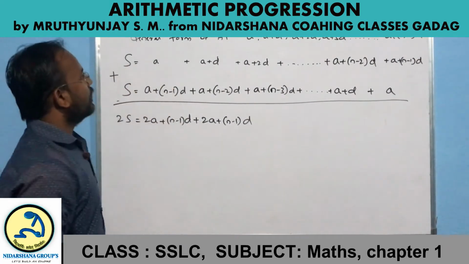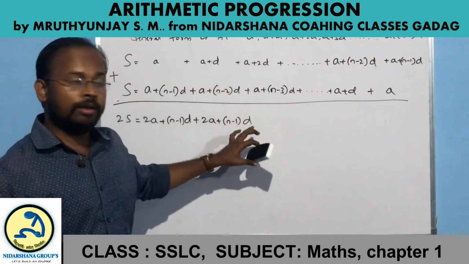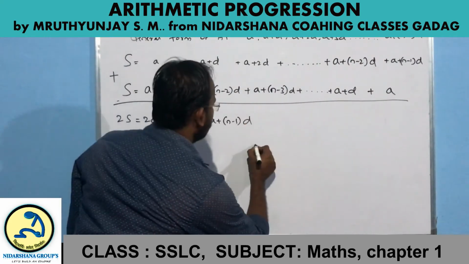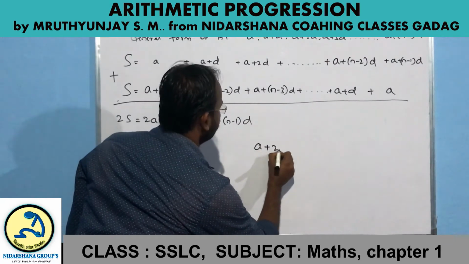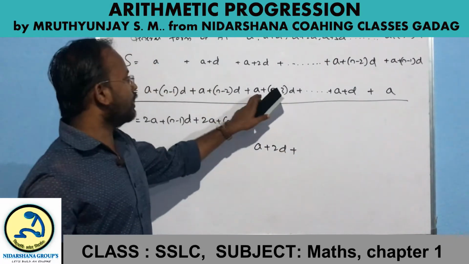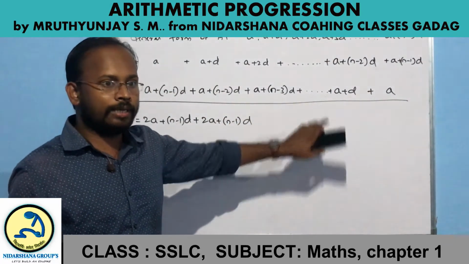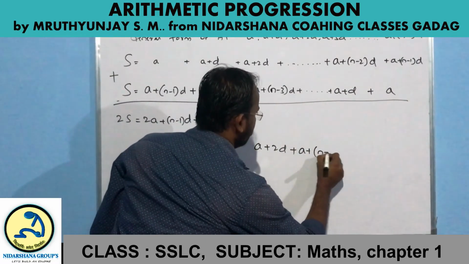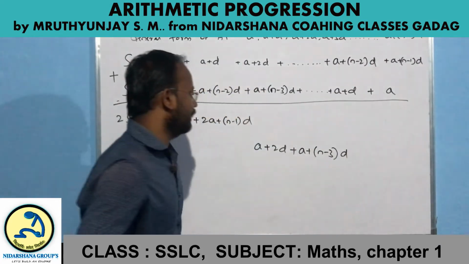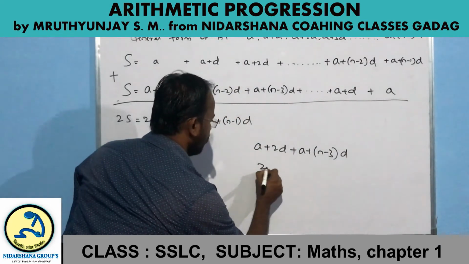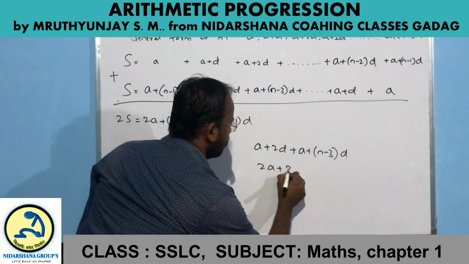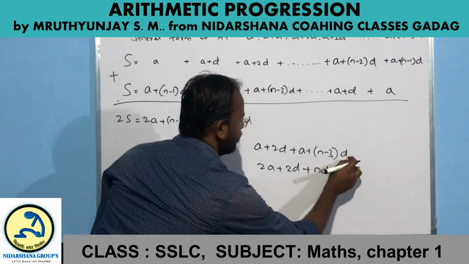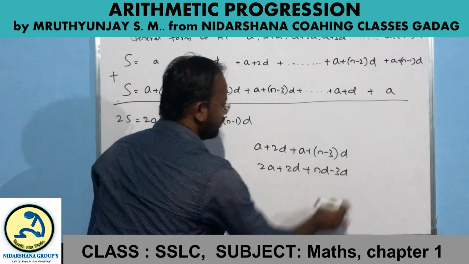Okay, likewise, if you add the third terms of both equations, that is a plus 2d and a plus n minus 3 into d, it becomes a plus a, 2a plus 2d plus nd minus 3d.